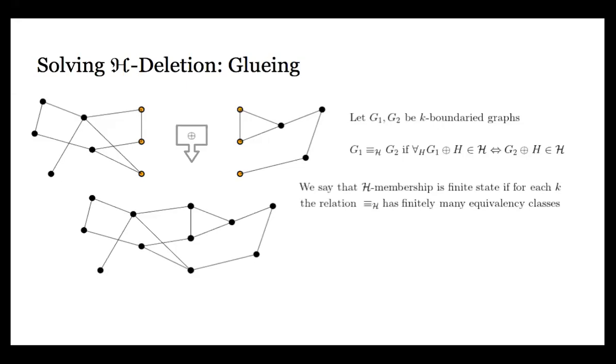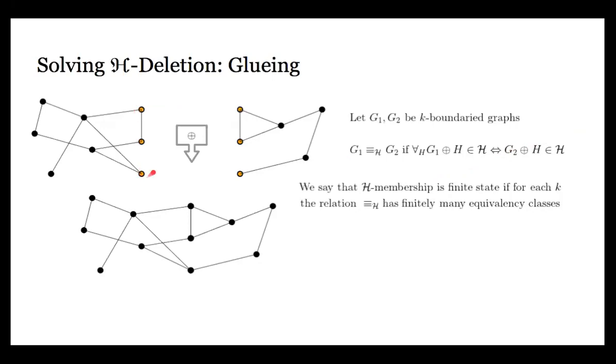So actually, when we think about what standard vertex deletion algorithms over tree decomposition do, they implicitly rely on the fact that this relation has finitely many equivalence classes.